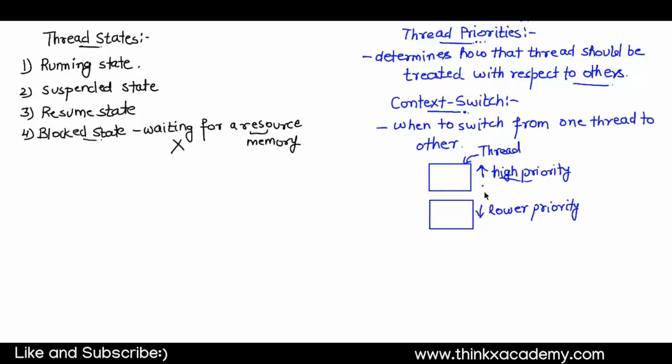Let's suppose now I don't want to run this thread, I want to run this one. Simply, I will assign this thread a low priority and this one a higher priority. So we have used the thread priorities to switch from one thread to another, and this procedure is known as context switch or context switching. So when to switch from one thread to another, we can make use of the priorities, and we will implement all of this in our Java programs.